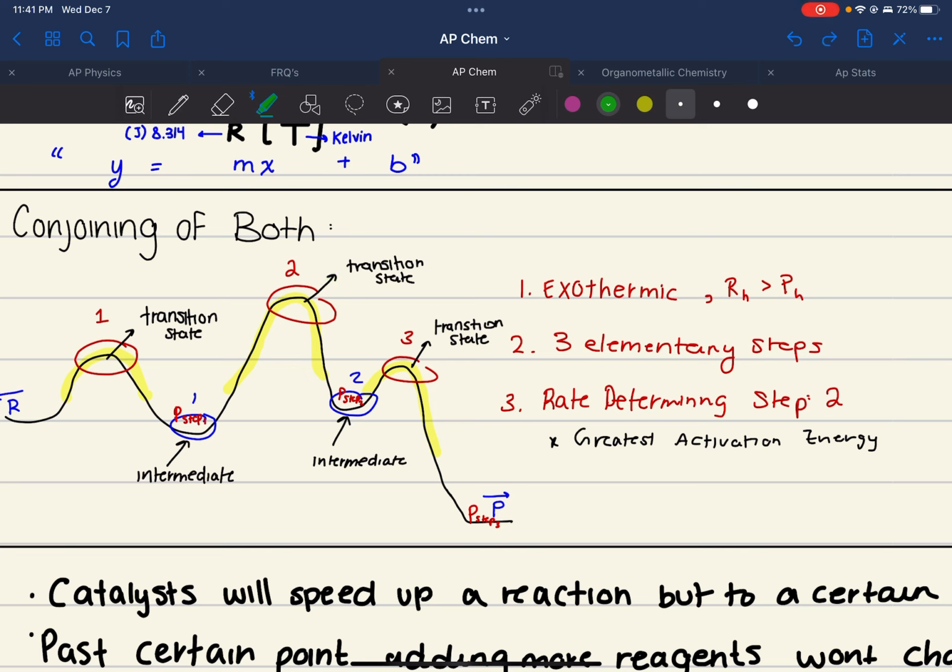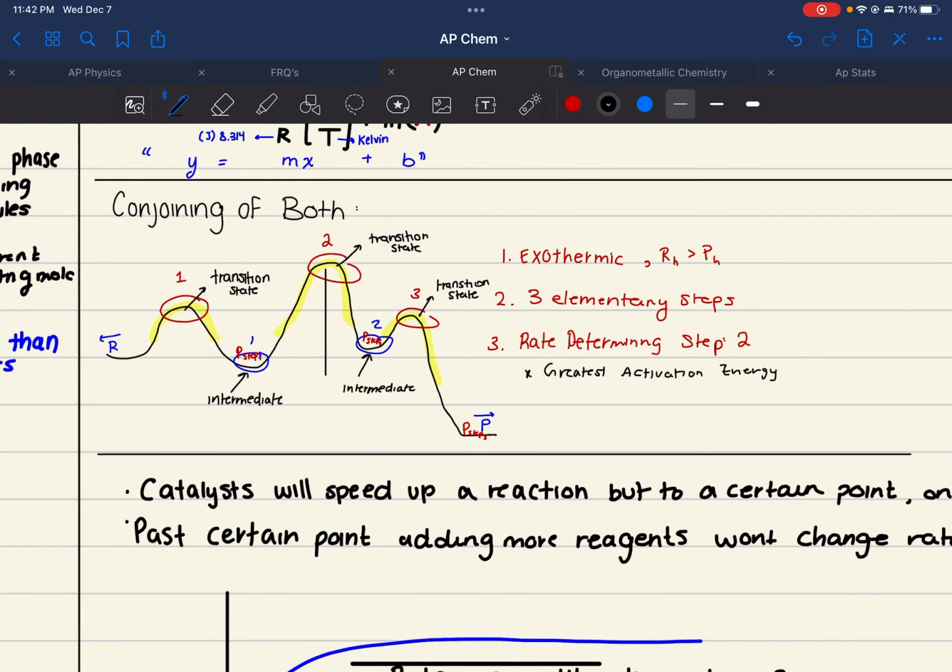This is because it takes the longest to overcome your activation energy. So I want to put that up there. It's also because it has the greatest activation energy, right? You see that? Okay. Yeah, 3 elementary steps.